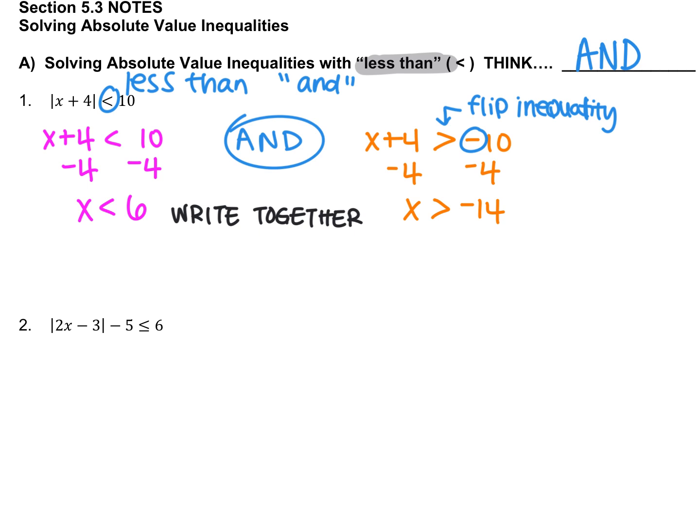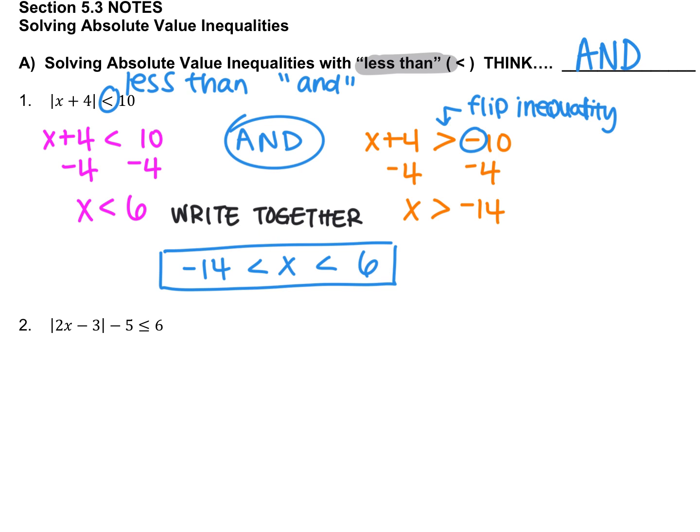Now, the only thing you have to be careful of is that when we write inequalities with 2 numbers, we always go from least to greatest. So I'm not going to write 6 and then negative 14, okay? I'm going to do negative 14, x in the middle, 6. And then I'm going to put my less than signs in between. So when it's an and statement, we write it together. And we use those rules from last unit.